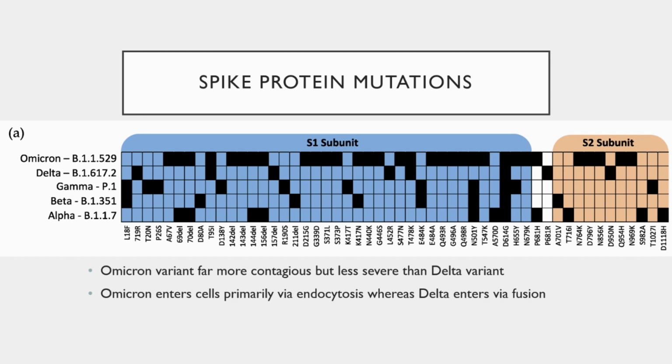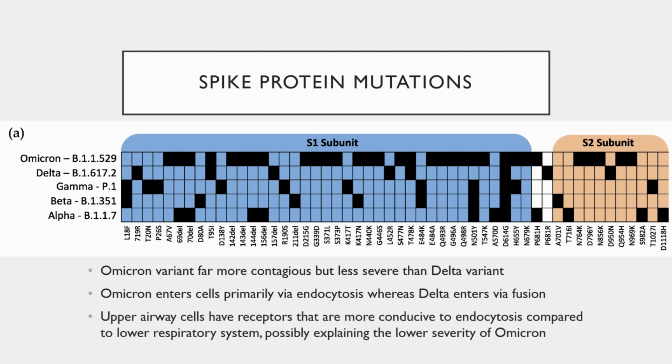And the cells in our upper respiratory system have receptors that are more conducive to endocytosis compared to the cells in our lower respiratory system, which may explain why Omicron tends to be accompanied by more upper respiratory signs and symptoms and is less likely to manifest as pneumonia compared to its predecessor, Delta.